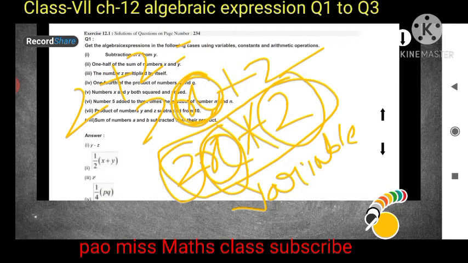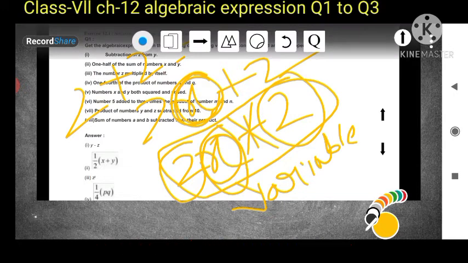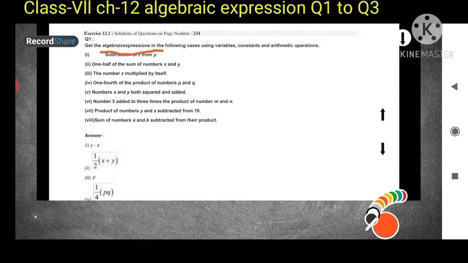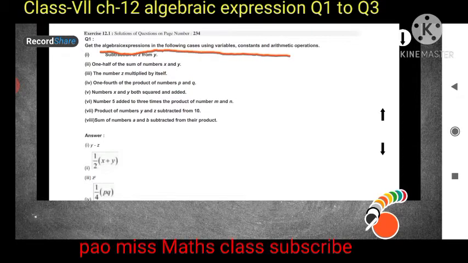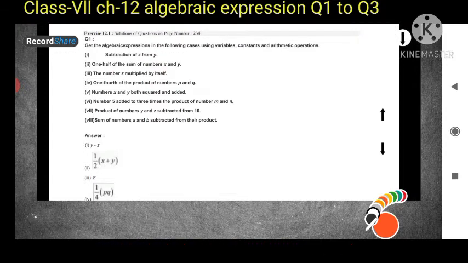Now come to the first question of this exercise. The first question is: get the algebraic expression in the following cases. Use variable, constant, and arithmetic means. Okay, we have to use variables, constants, and arithmetic operations.